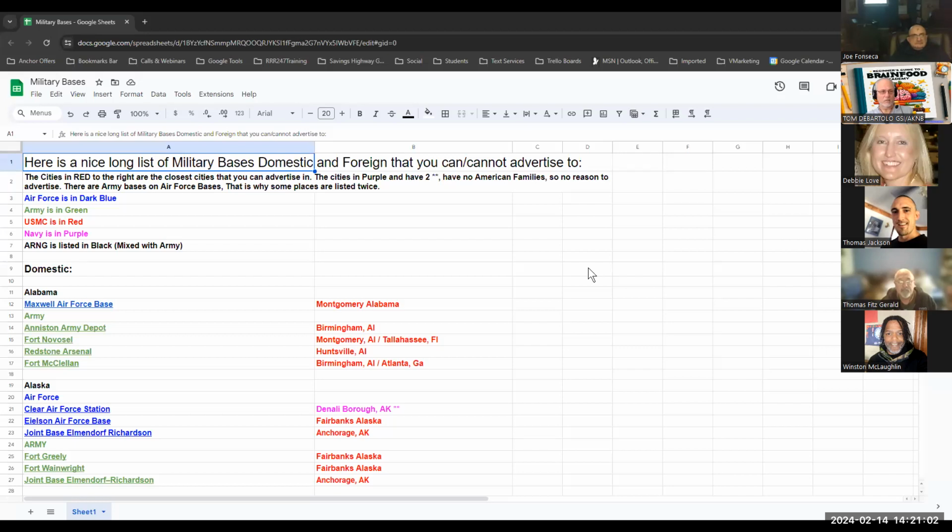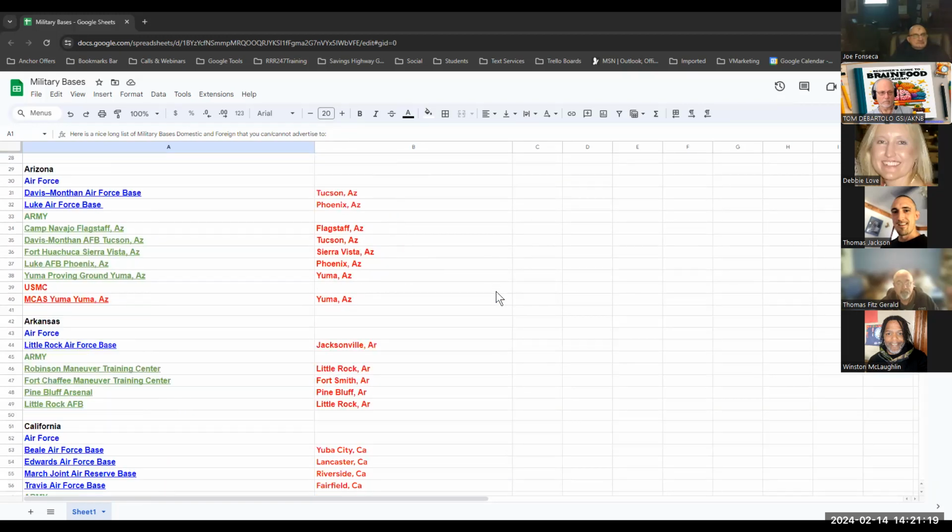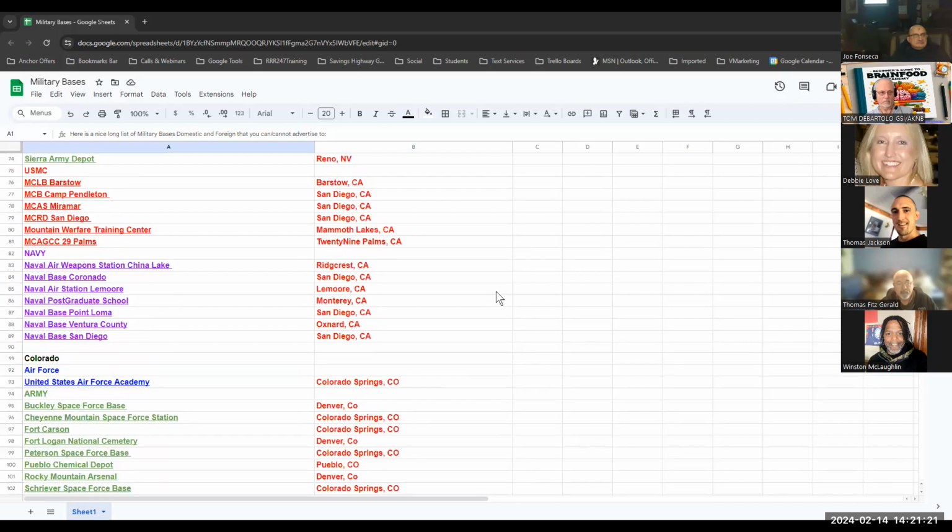There you go. Okay. So I've broken it down to each state and what military bases are in that state, and the cities that you can advertise to. Each state has its own heading.